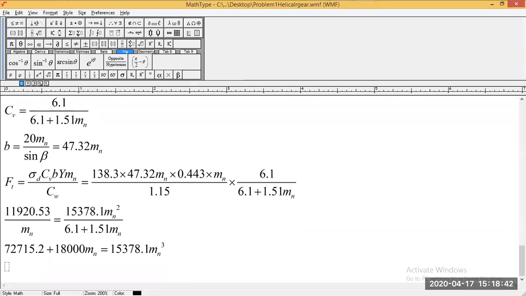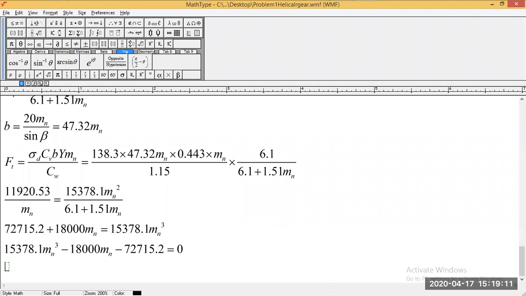Now if we solve this as an equation, what do we get? Let me put this in an order so that you can visualize what's happening in the calculator. This is minus of this, and again minus of 72715.2, equal to 0.